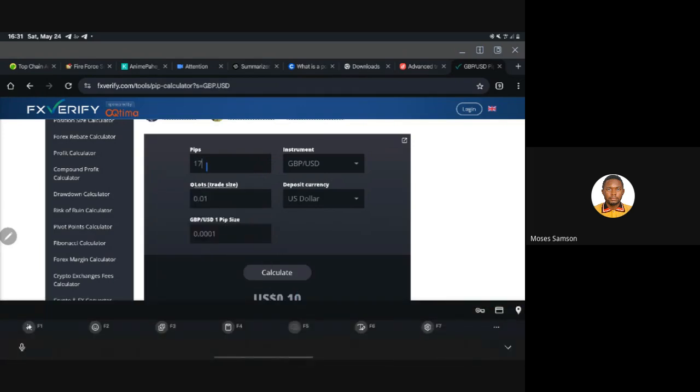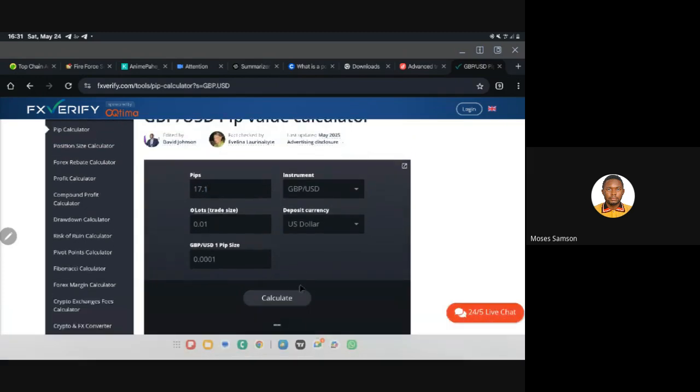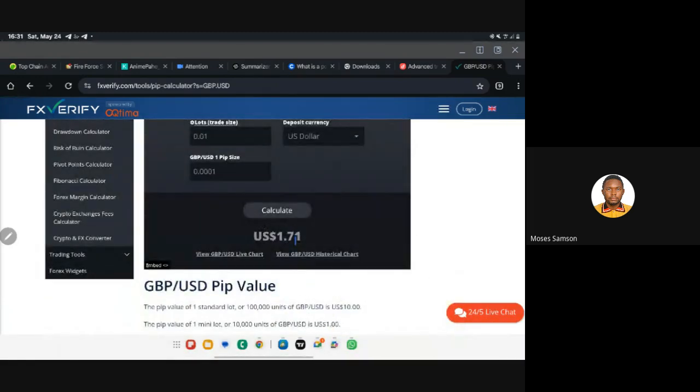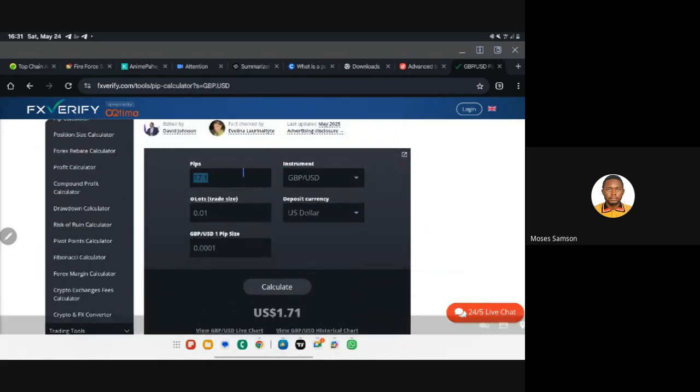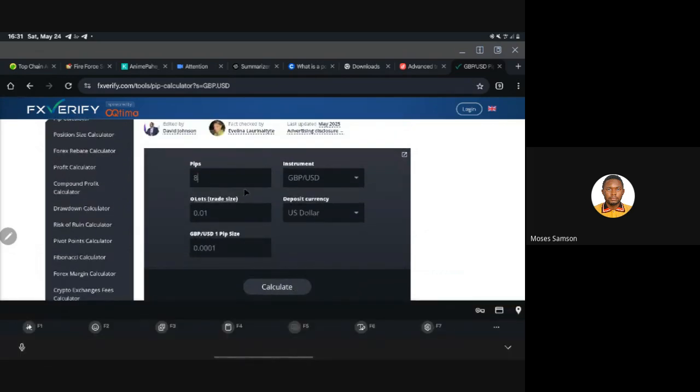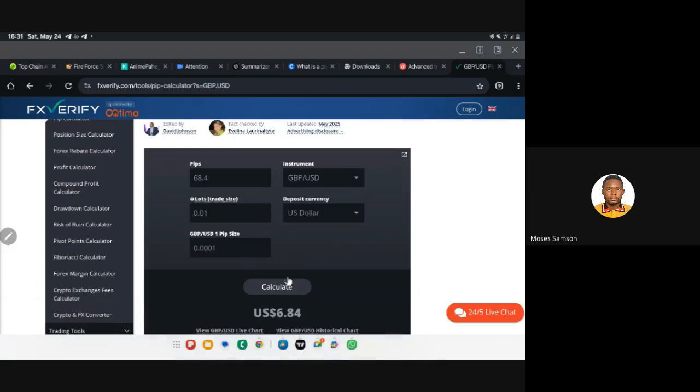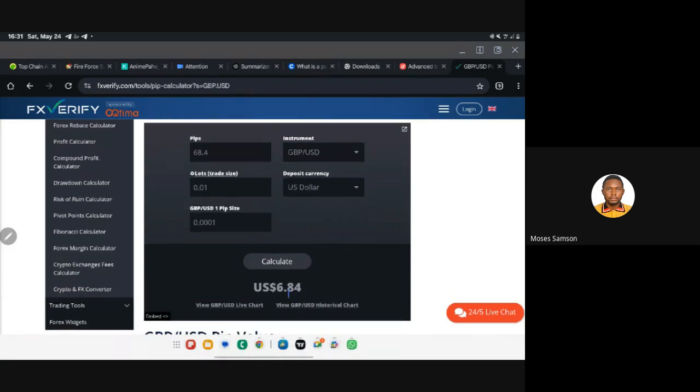Then 17.1 pips, your risk would be $1.71. Then your profit, 68.4 points, times 4, calculates your profit as $6.84.